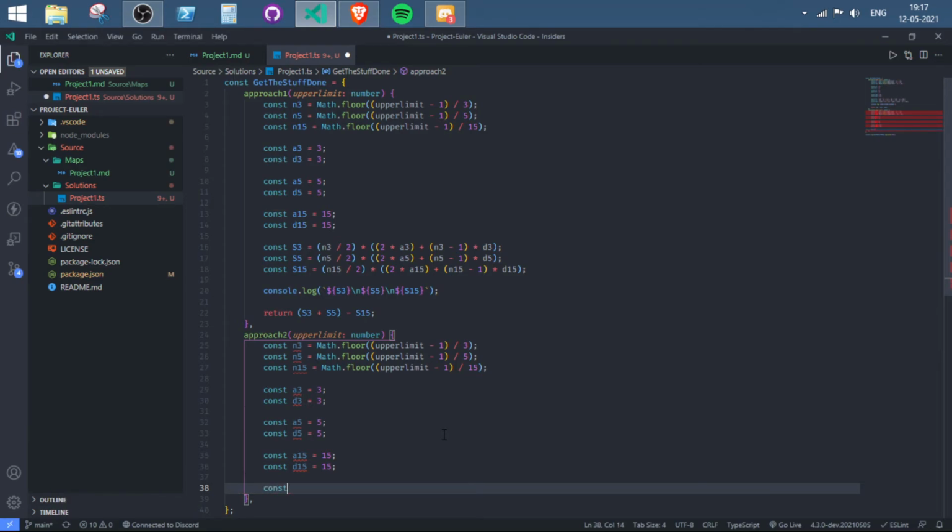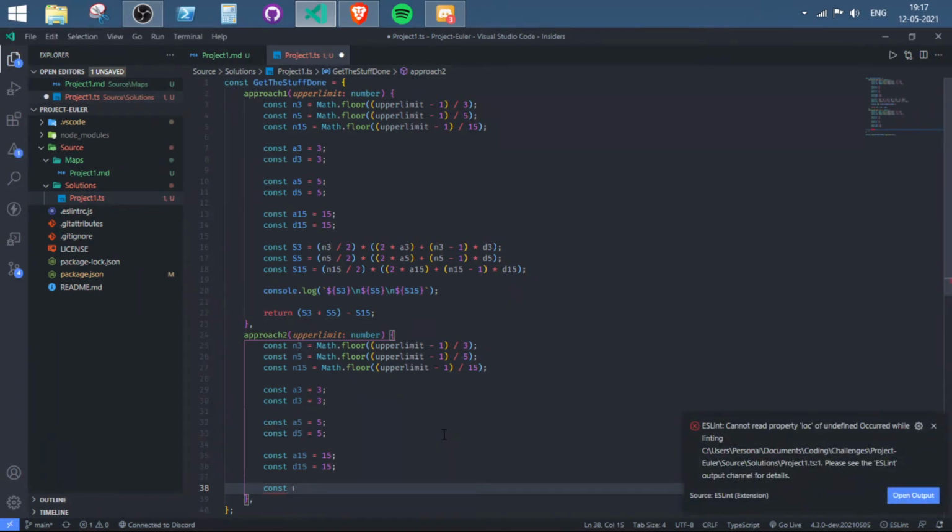So like const and 3 is gonna be math. No math. Firstly we are gonna have the upper limit, and then we are gonna subtract the modulo.